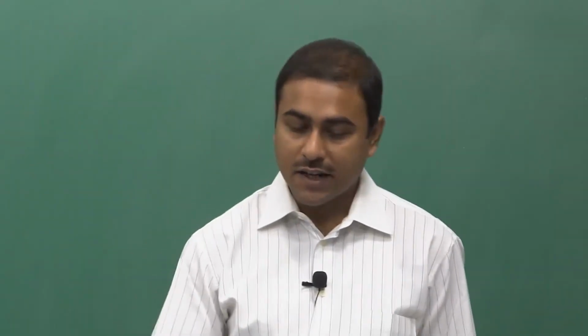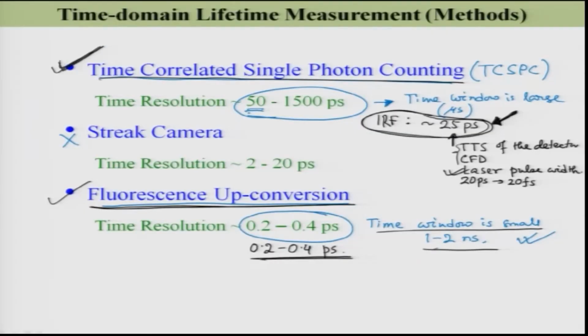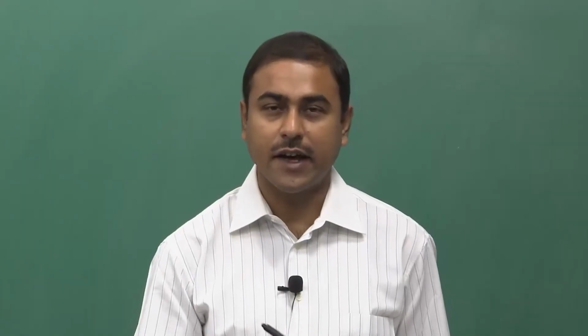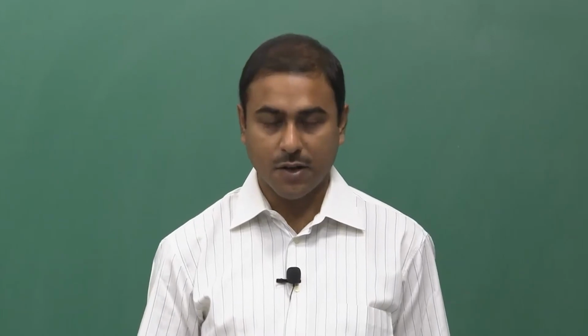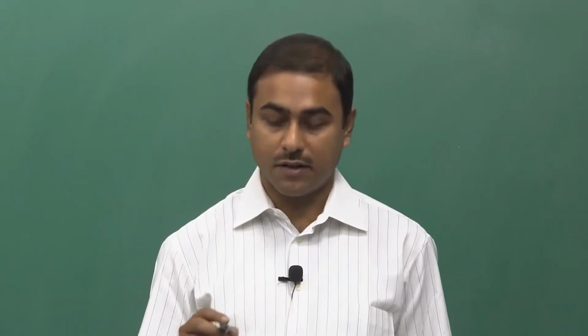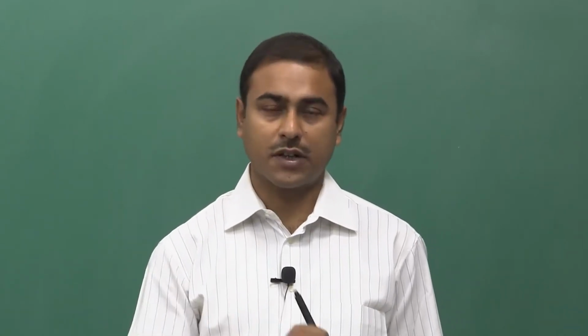It means that if I follow the working principle of this TCSPC system, I will never be able to achieve a time resolution or IRF less than 25 picosecond. But if you are interested in measuring dynamics which are much faster than this, then what you have to do is go for a different type of arrangement by which you will be able to get a much shorter IRF.